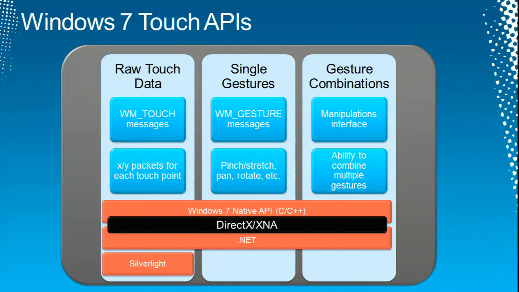And then I just want to make a mention about DirectX and XNA. Because you have a lot of control over the platform in both those environments, you can do everything. Basically, you're leveraging the Windows APIs at that point, and those are very rich as well.